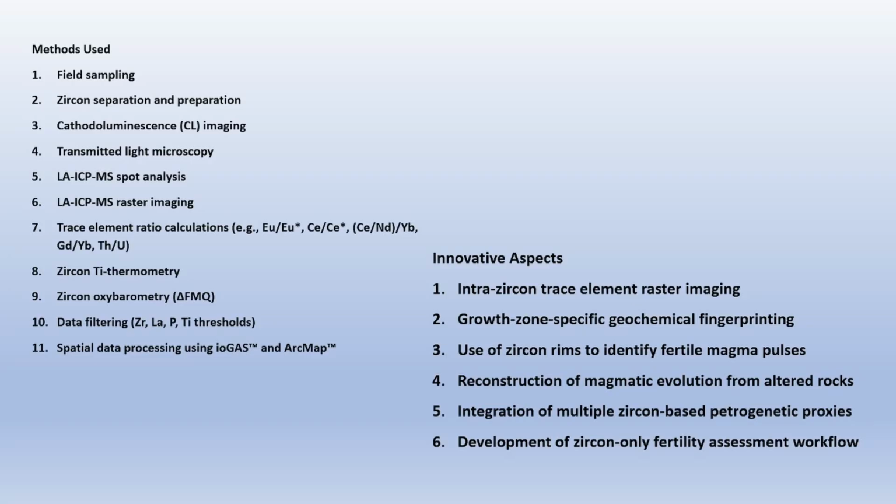laser ICP-MS spot analysis to get point-by-point trace element data, and raster imaging to map element distributions across entire zircon grains. For this analysis, they calculated trace element ratios like europium and cerium, and also gadolinium and ytterbium, to infer redox, hydration, and fractionation states.